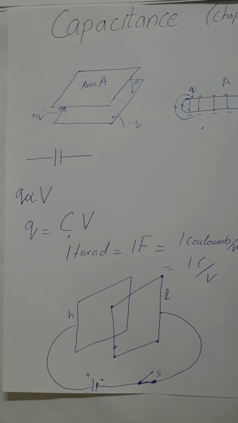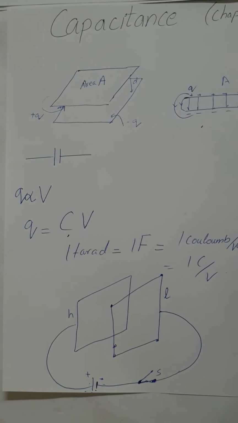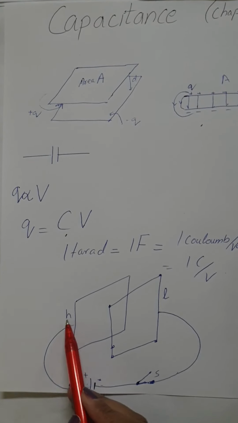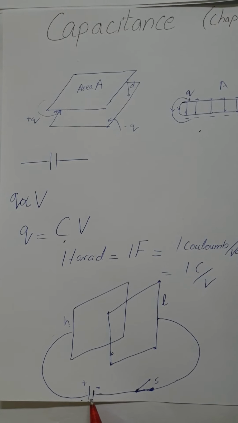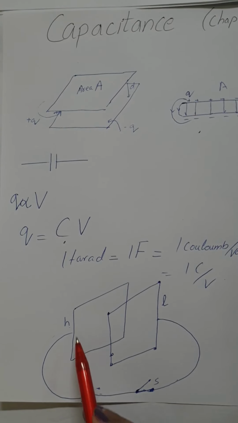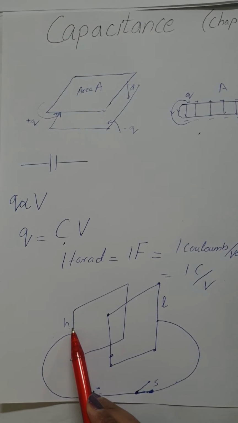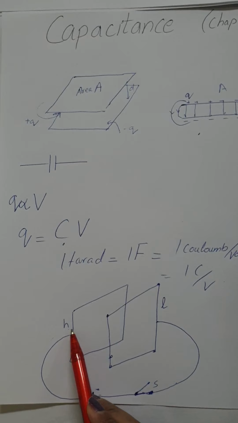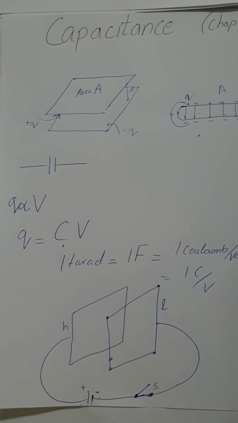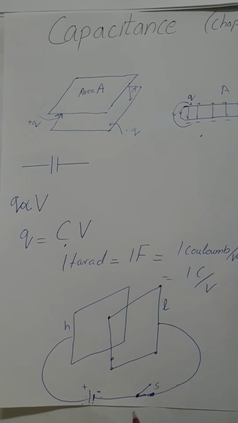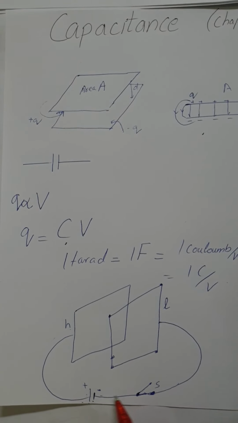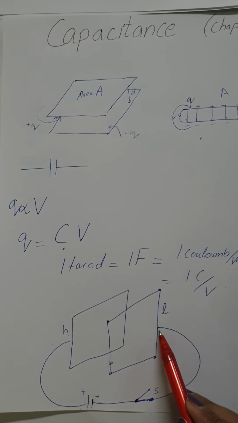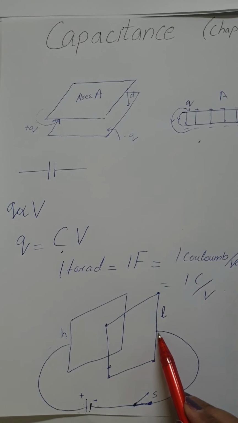The field moves electrons from capacitor plate H to the positive terminal of the battery, making plate H electron deficient, so plate H becomes the positive charge plate. Similarly, the field drives electrons from the negative terminal of the battery to capacitor plate L, and plate L gains negative charge.